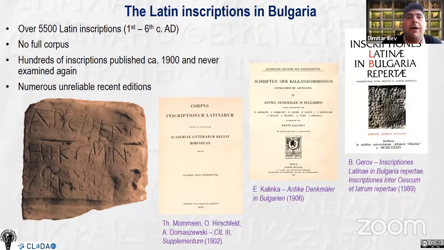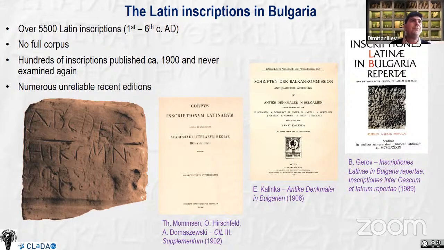This is the Austro-Hungarian scholar Ernst Kalinka's publication of 1906, as a part of the Schriften der Balkankommission of the Austrian Academy of Sciences, the Antike Denkmäler in Bulgarien, which saw the first publication of many monuments that then became part of other corpora. And for many Latin inscriptions, Kalinka is the first and the only publication.